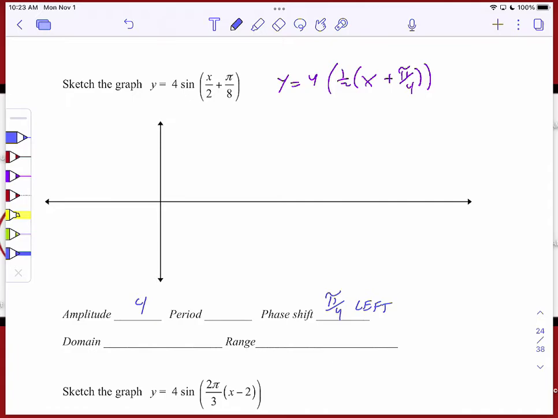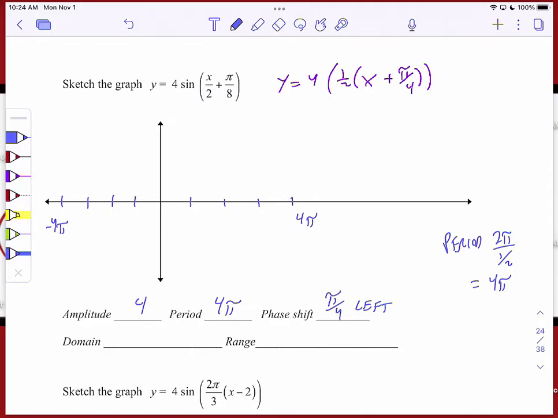You go ahead and find the period. So the period here is 4 pi.